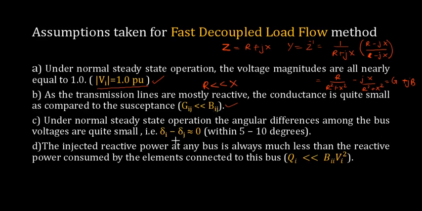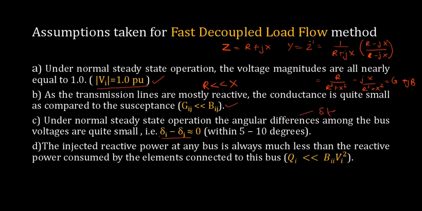And the third assumption is that the angular difference between the two bus voltages is very small. Rather, it will be close to 5 to 10 degrees, and we can approximate it to almost 0. We always try to maintain the angles between two buses to be very small in order to keep the system stable.